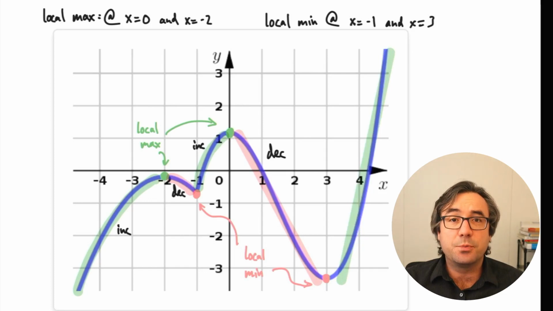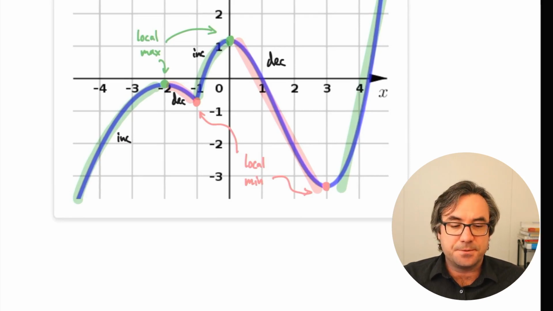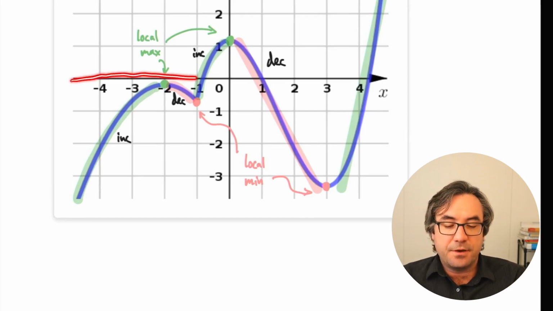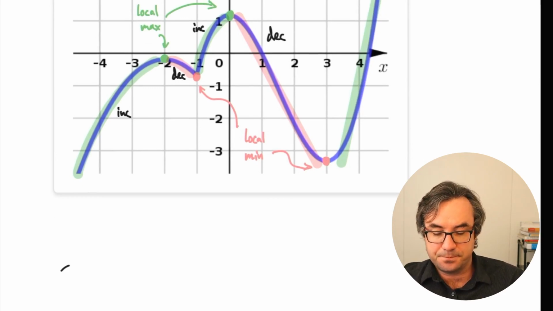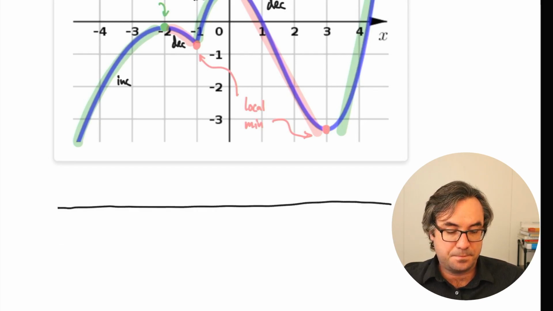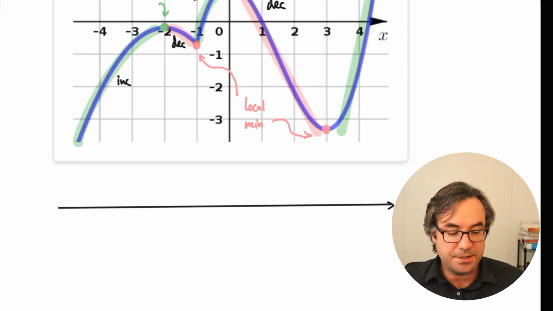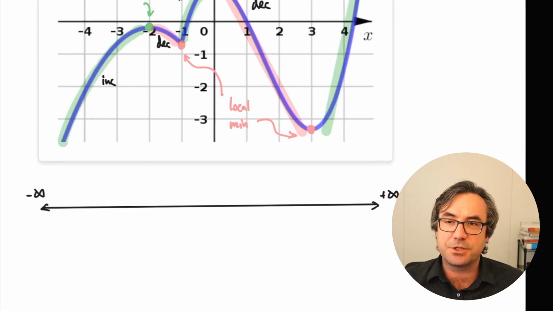So now let's put it all together. To find the actual intervals, we're going to think of the x-axis. So let's start by redrawing our x-axis down below here. All right, so we got our nice x-axis, and it keeps going out to plus infinity in one direction and minus infinity in the other direction.